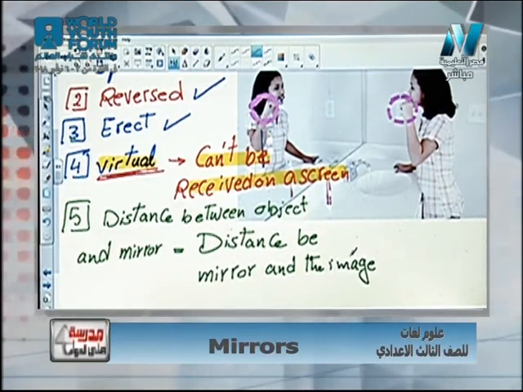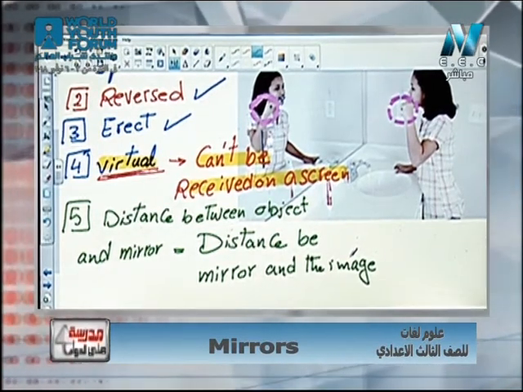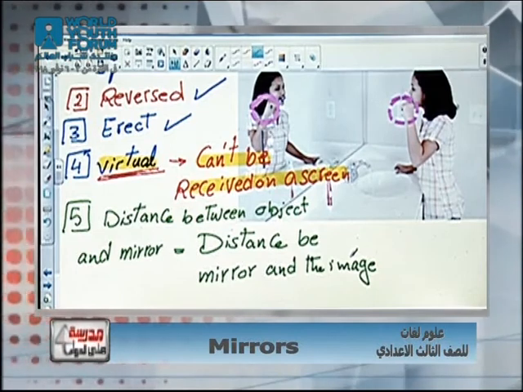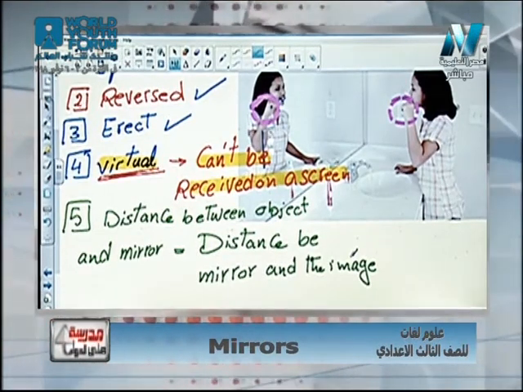زي ما احنا هنشوف دلوقتي we have what as you stand in front of the plane mirror. يعني لو انا واقف قدام مراية. If you go toward the mirror، لو انا قربت toward the mirror your image will go toward the mirror. If you go away from the mirror your image will go away from the mirror.